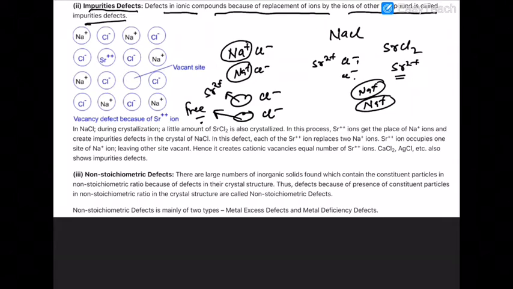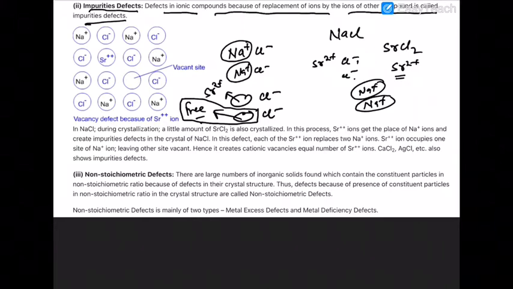So this will remain completely free. So due to that, that particular void comes into account, this imperfection comes here, that one of the cation positions will remain vacant due to the impurity added by the other element.